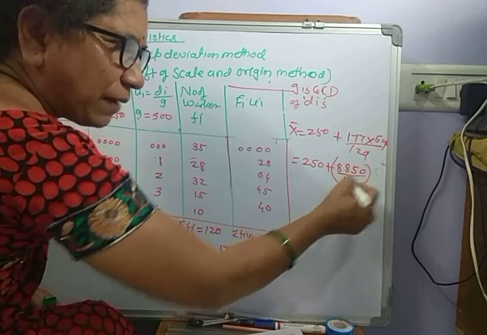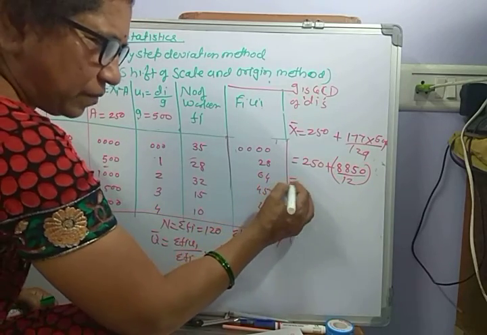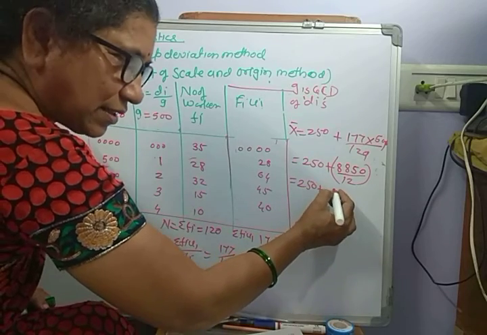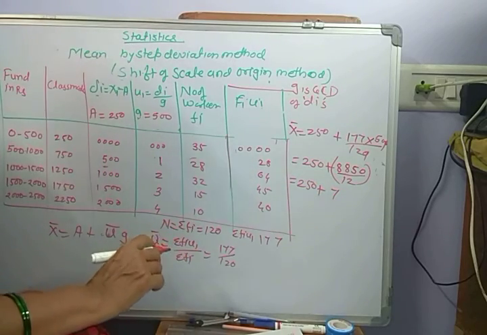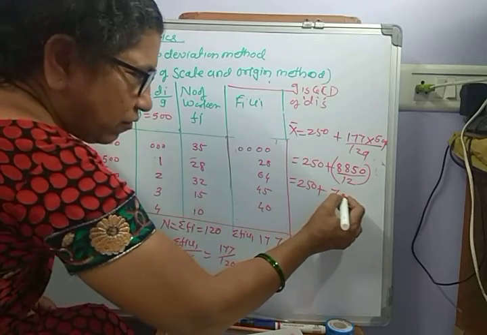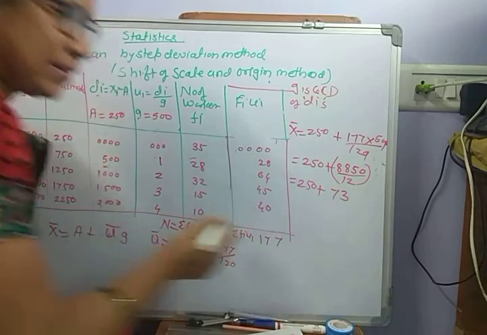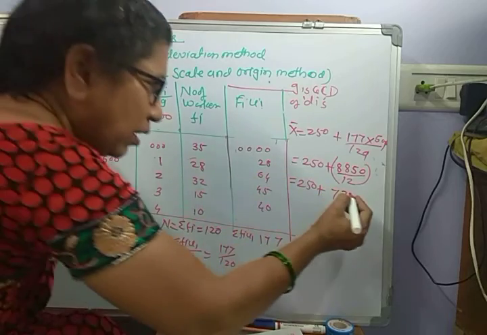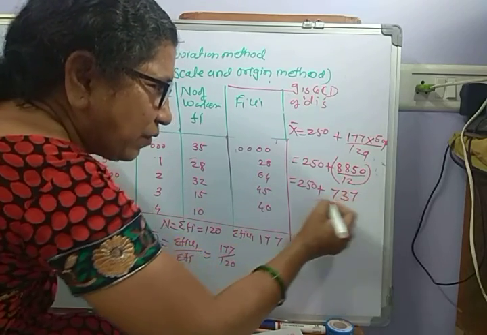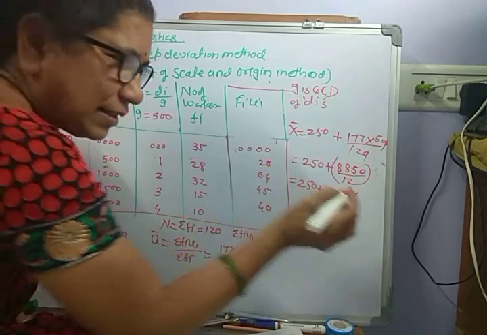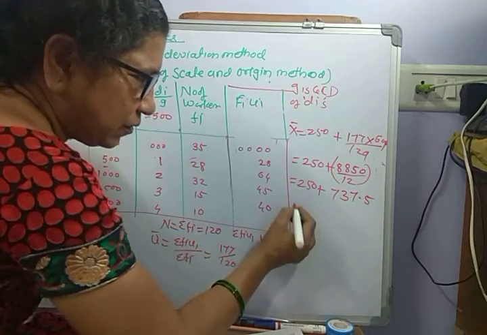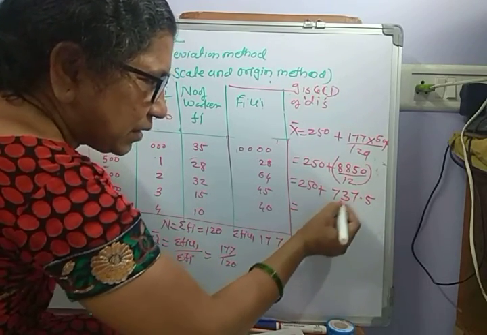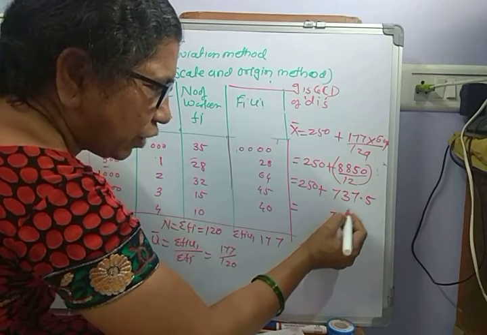Now divide only this factor. Do not cross multiply. 250 plus 12, 7 times 84, remaining 4; 12, 3 times 36, remaining 9, 90; again 12, 7 times 84, remaining 6. So 737.5.